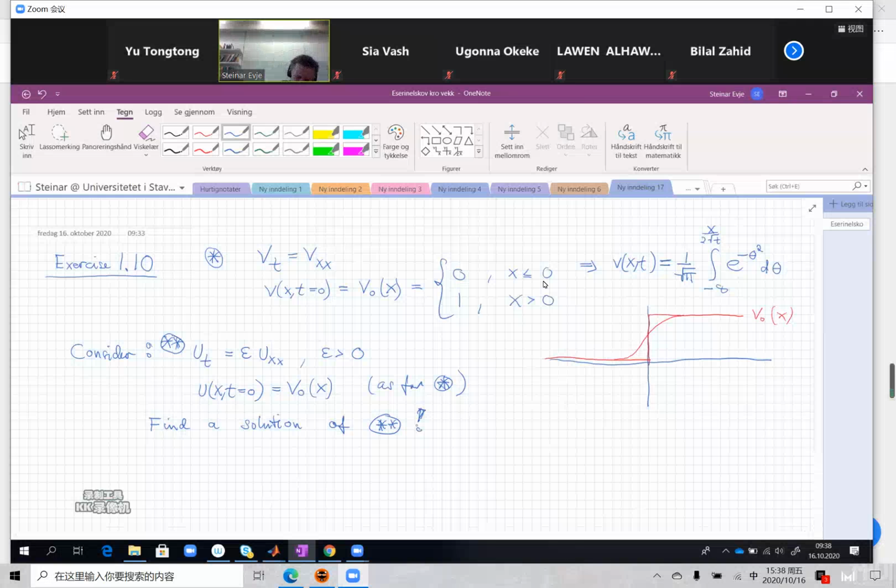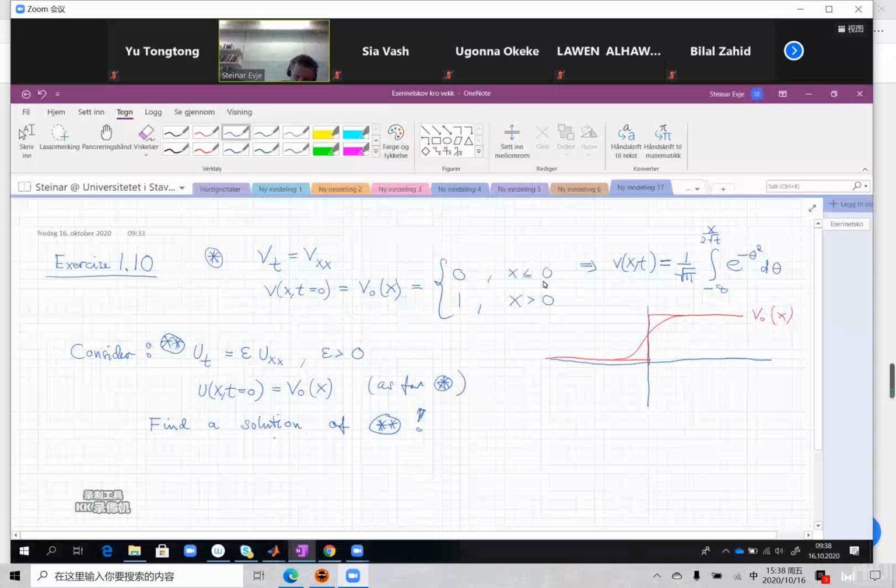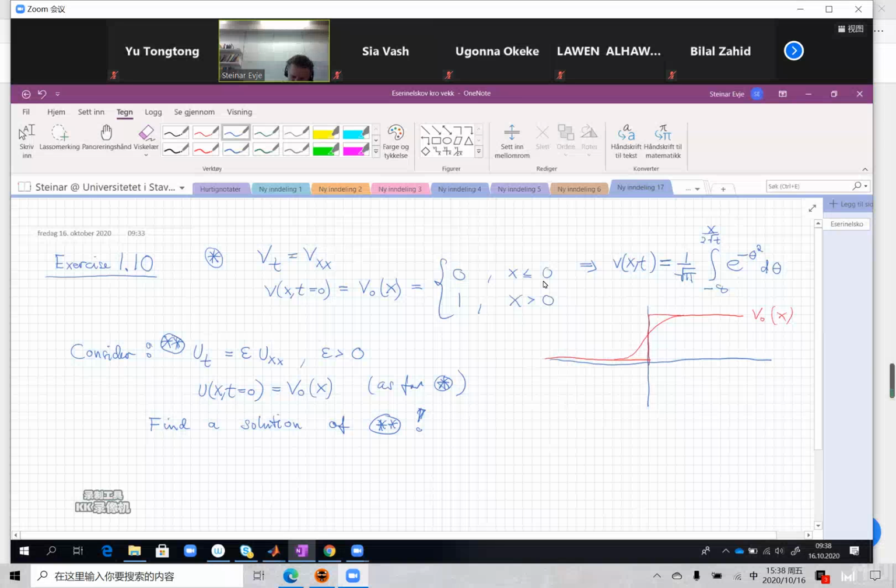So what we have to understand then is how we can relate this problem, double star, to the model star, which we know the solution for. That must be the natural strategy here.